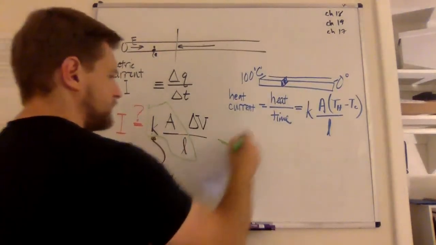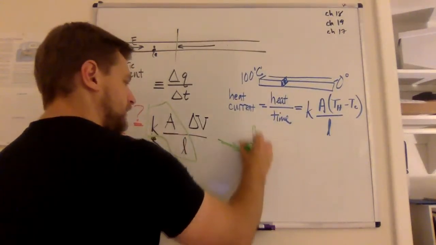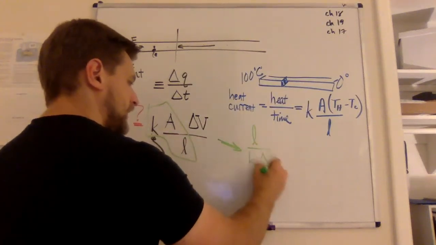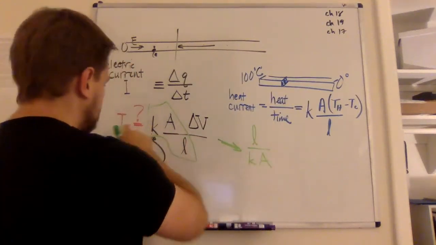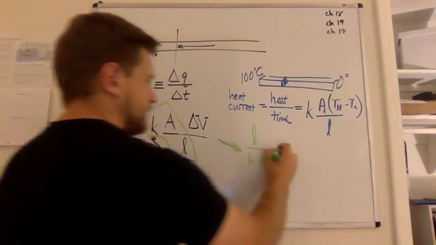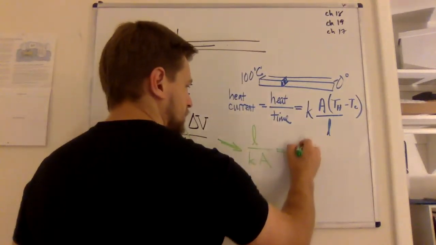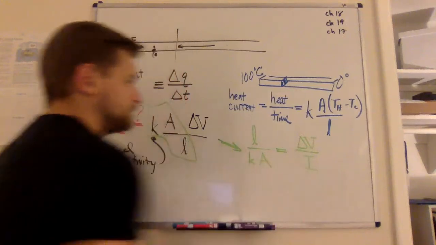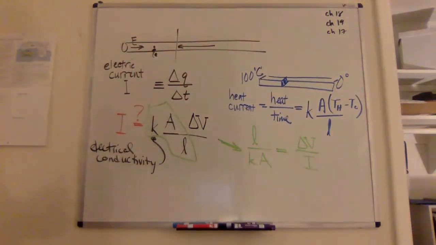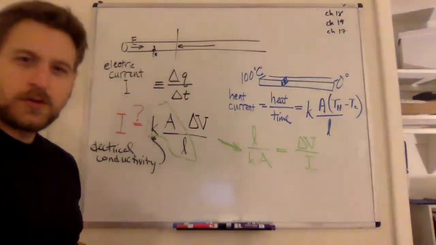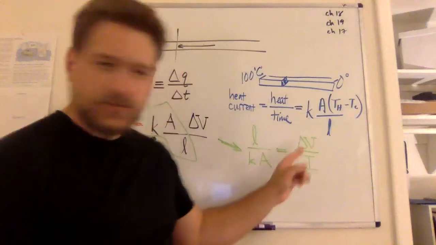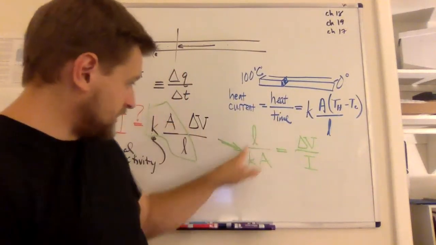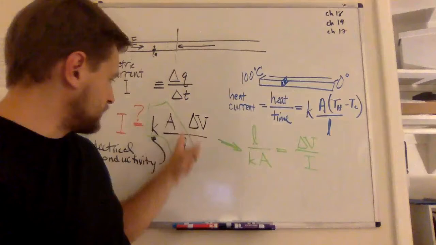We multiply by L, divide by K and A, divide by I. So these L, K, and A are those constant things.